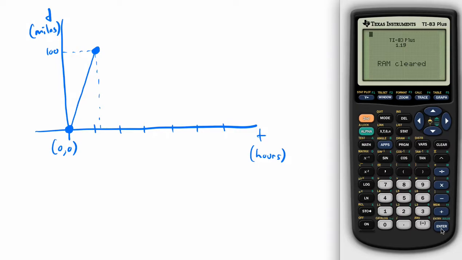So for the next 3 hours, from 1.25 to 3 hours later, which would be 4.25, so here's 4.25 right about here. I'm right there the whole time, and that's when I start heading home. So our linear chunk is a horizontal line segment right there. There I am at the theater for that 3-hour period of time.